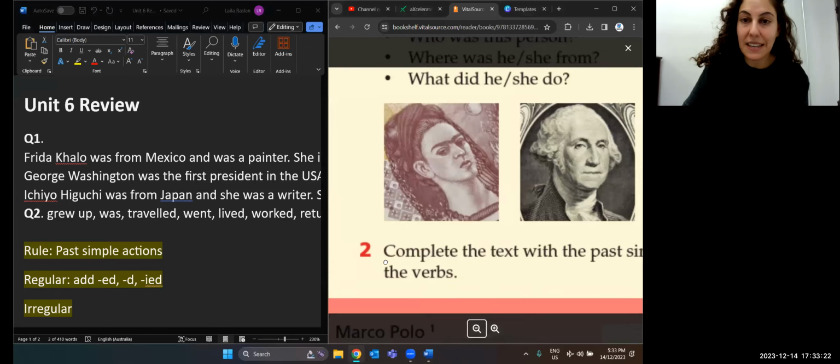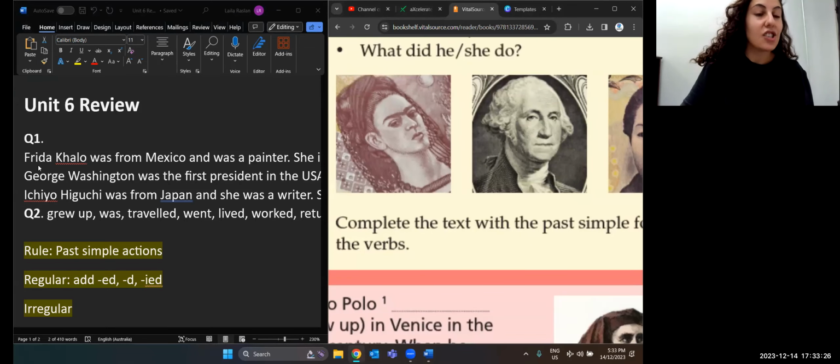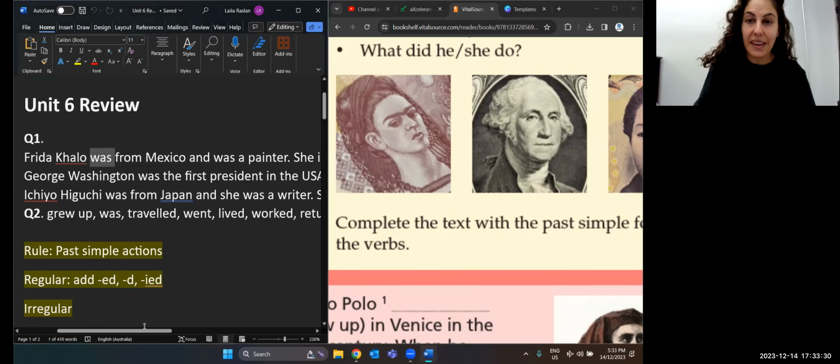Now let's make some sentences about her using the past simple. So Frida Kahlo was. We're using the verb to be, and we know it's she was, because was is for I was, he, she, it was. But then we have they were, we were, and you were. So we use was when the subject is I or when we're talking about someone.